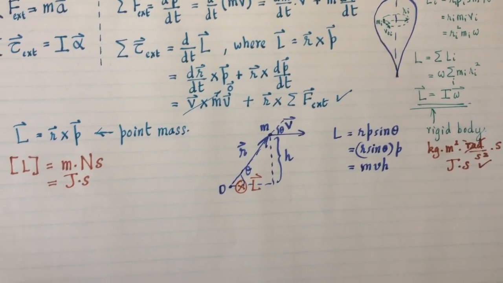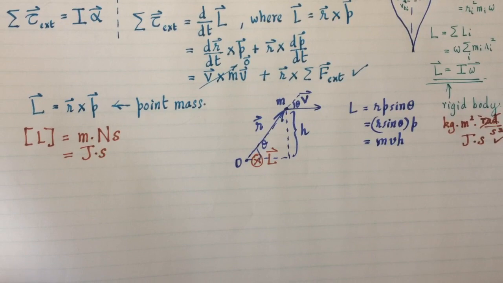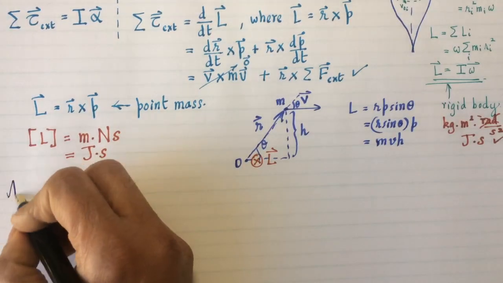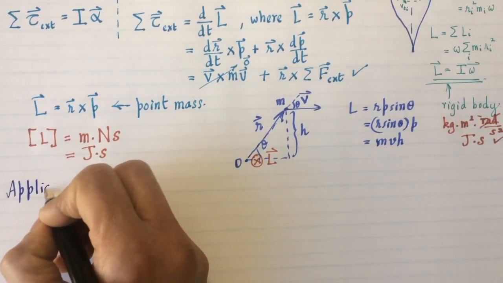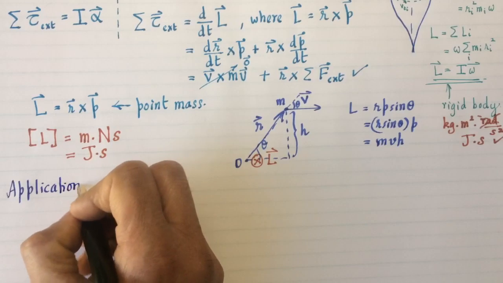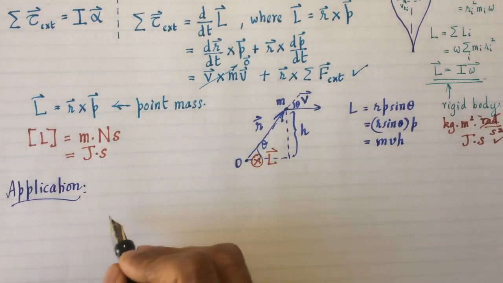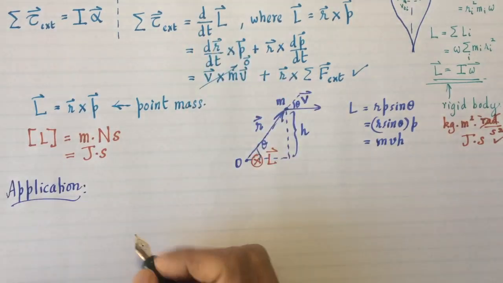So I just want to show you an application of the generalized Newton second law. So here's an application. It's a problem I made up because we have to figure something out that requires this peculiar type of rule.